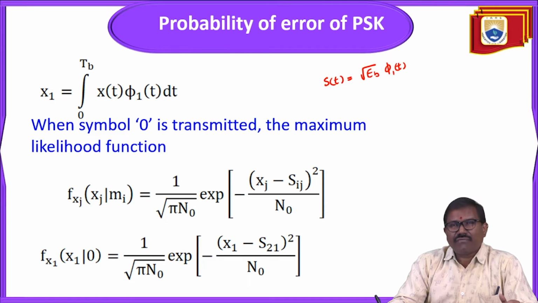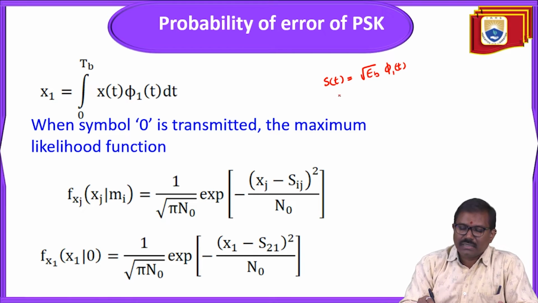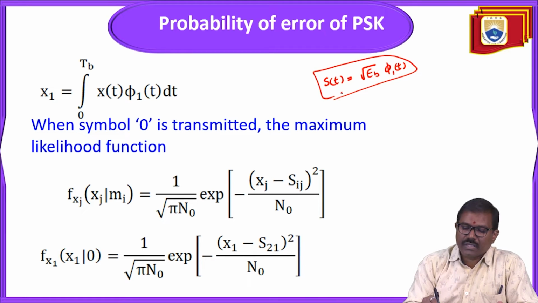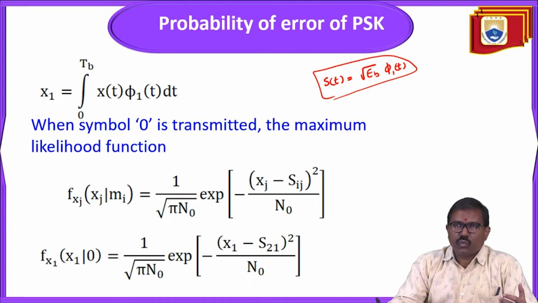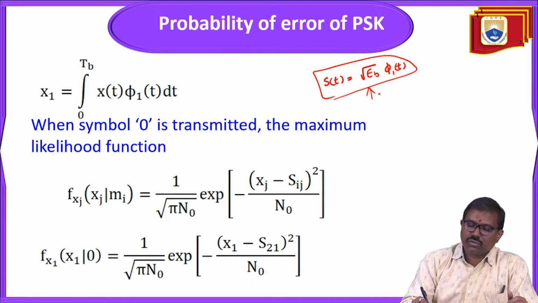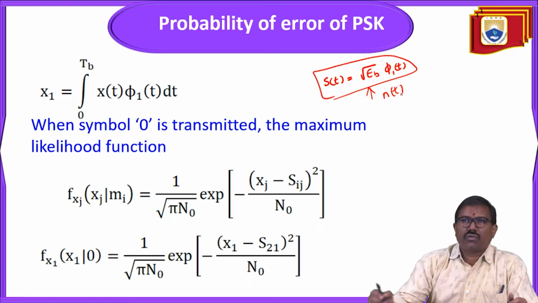Here x(t) is the received signal. s(t) is the modulated signal, which is transmitted in the radio link or channel. Noise is added to this signal, so n(t) is the noise.